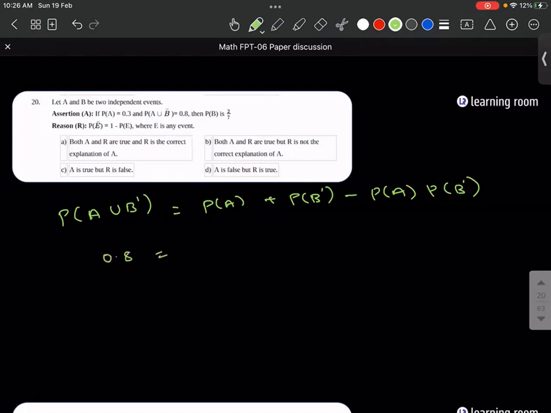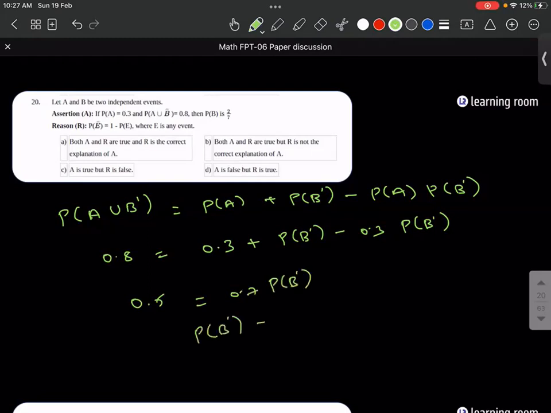It is already given as 0.8. So what is the probability of A? It is 0.3 plus probability of B dash, we don't know, minus 0.3 probability of B dash. 0.5 is equal to 0.7 times probability of B dash. So probability of B dash is 5 by 7. So probability of B will be 2 by 7. Yes, it is right. So probability of B dash is equal to 1 minus probability of B. That is also right. So what do you say is the answer? What do you think is the answer?